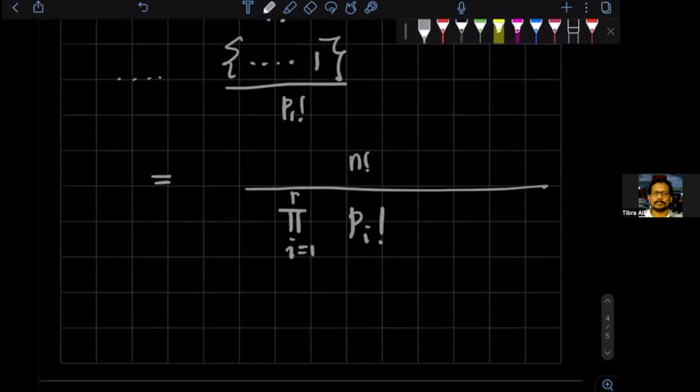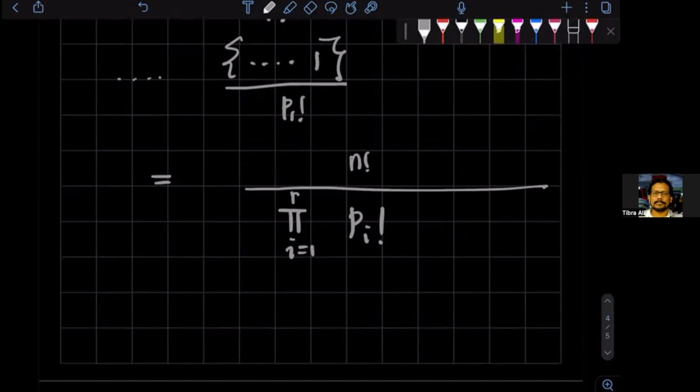Okay, so once we know the size of the subset, we now want to make sure that we count the number of elements in that subset.